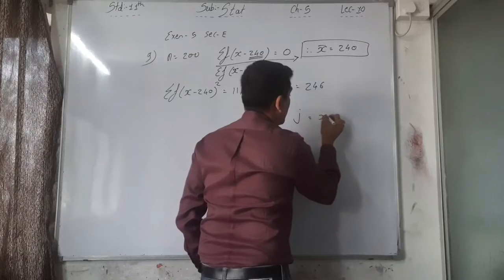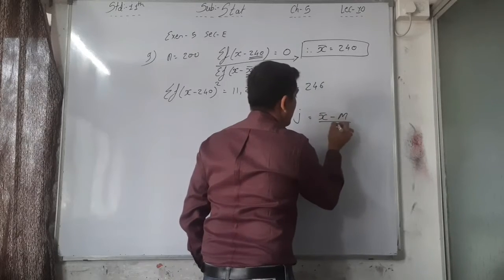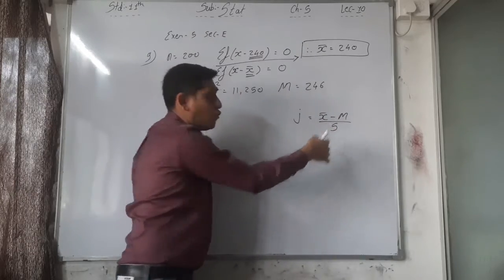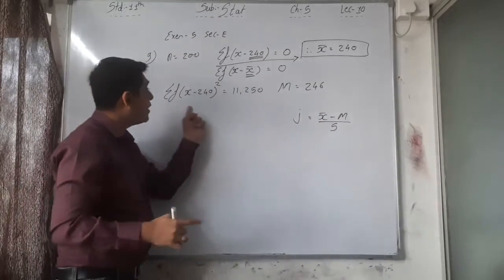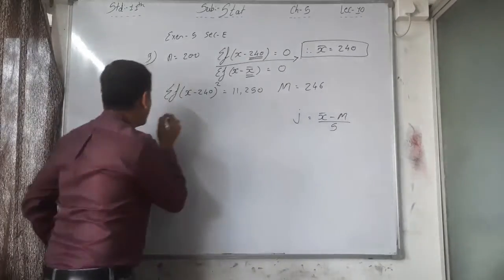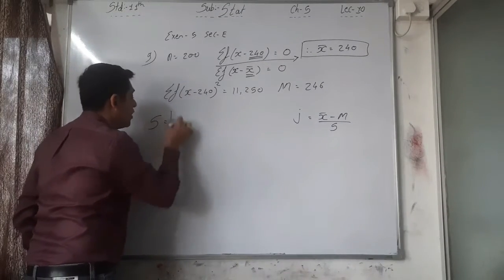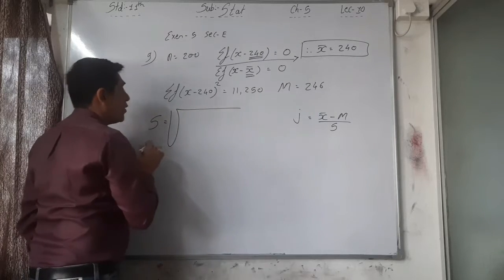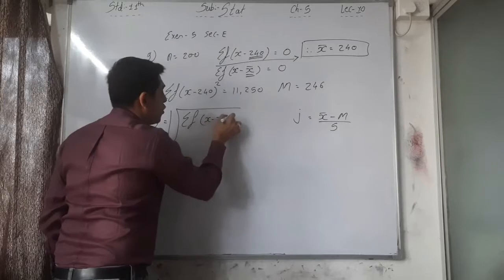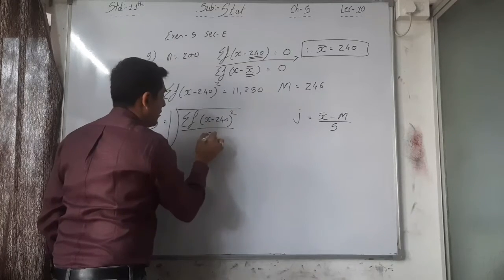And Karl-Pearson method, what is the formula? X bar minus M upon S. X bar is there, yes. M is there, yes. But we have to find out S. On the basis of this information, you have to find out the standard deviation. Now, what is the formula for standard deviation? S is equal to the square root of sigma f into x minus 240 whole square upon n.